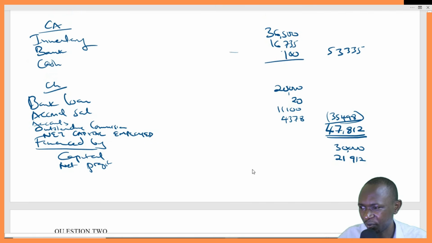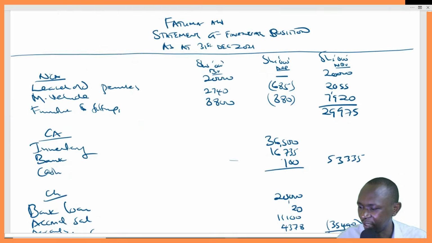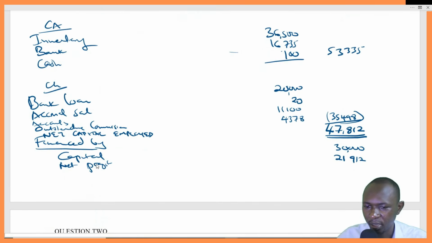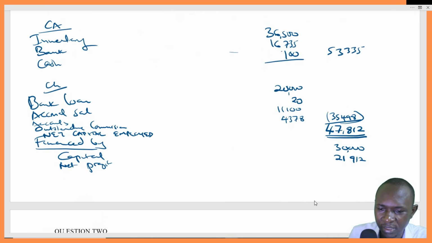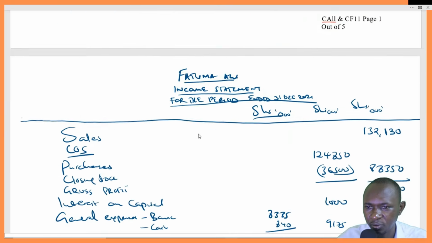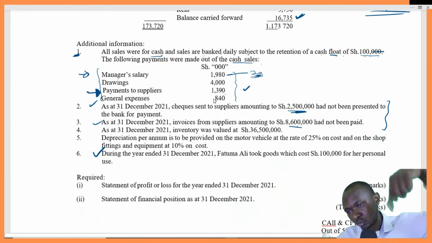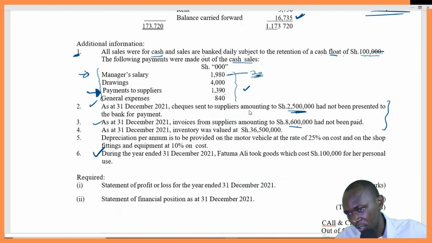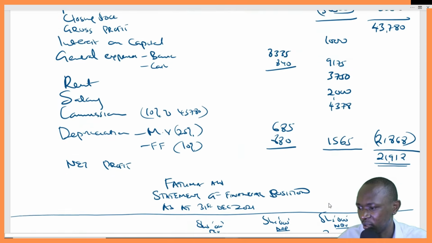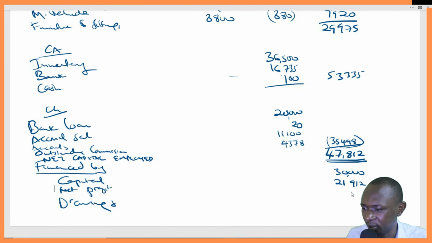So our net profit will still remain that 21,912. And then of course we now less the drawings. Remember there were drawings of 4,000, and then he also took goods worth 100. So drawings will now be 4,100.